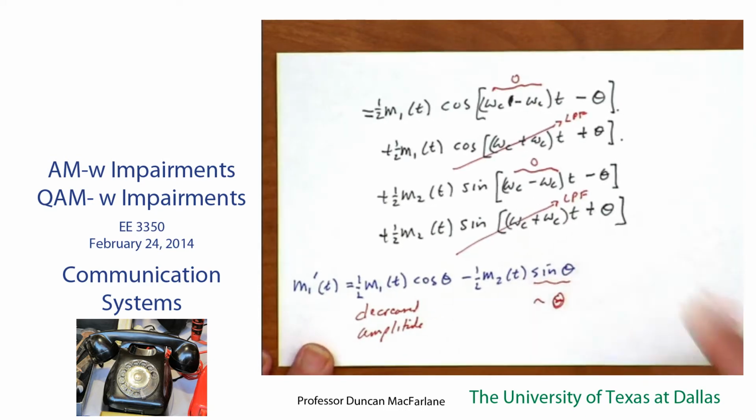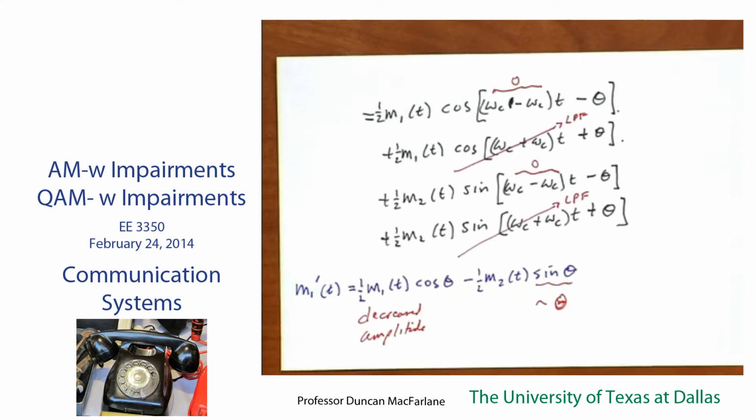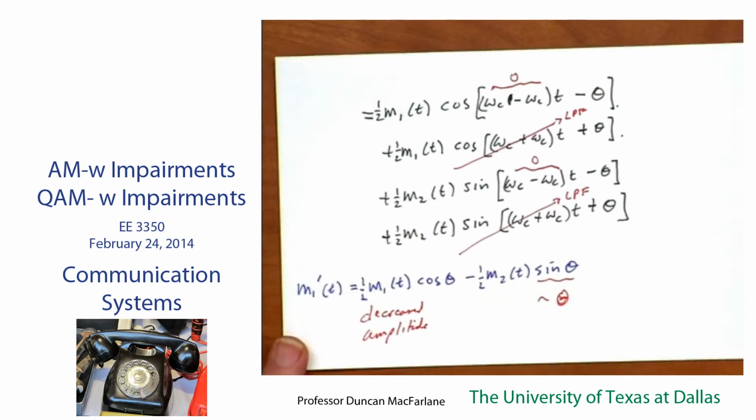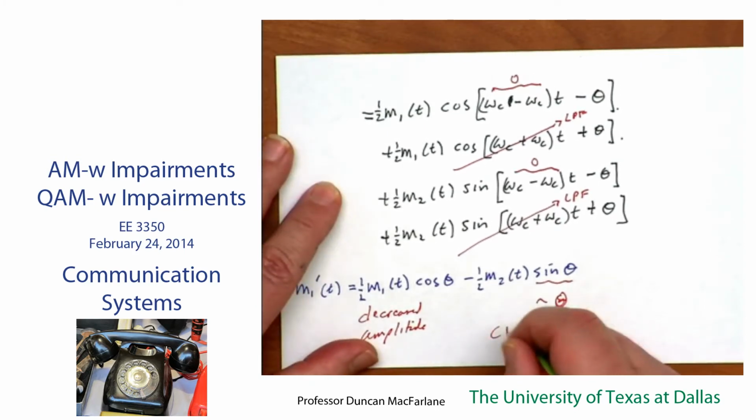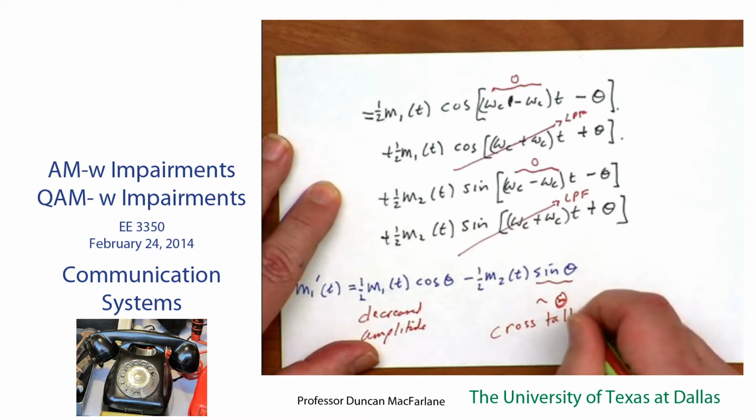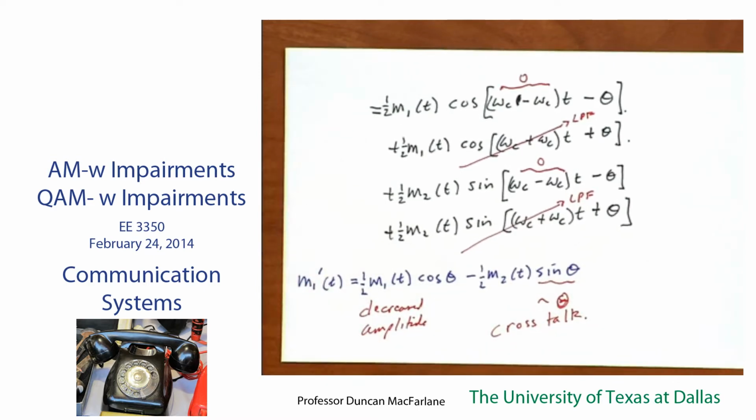For small thetas, the sine is approximately equal to theta. And so this now lets in some of M2, and we call that crosstalk. So now you're listening on the M1 channel, and if I don't control my phase very well, I have crosstalk in there.